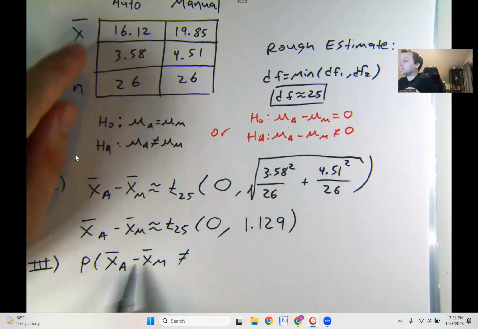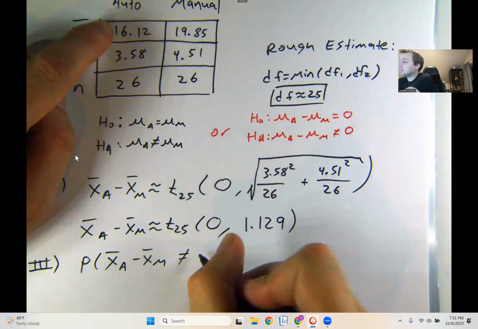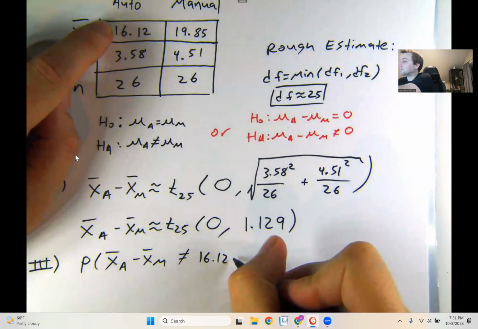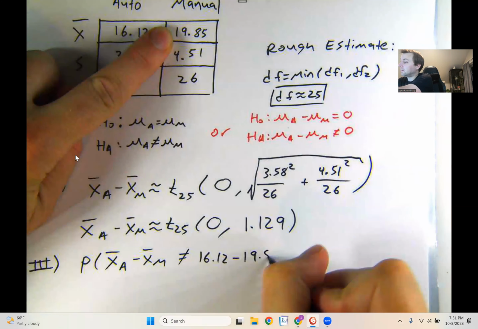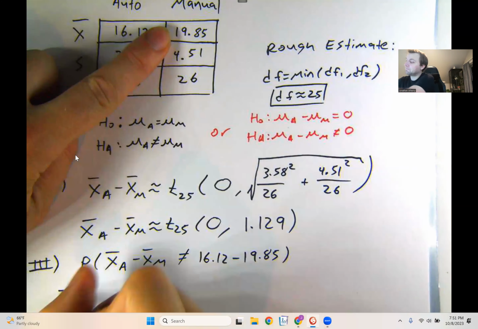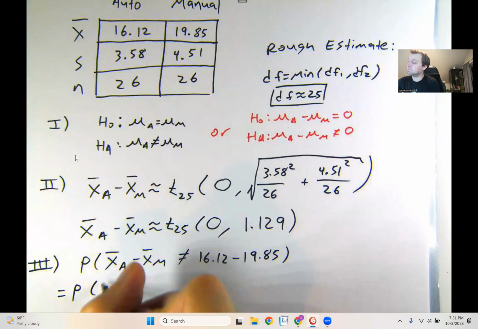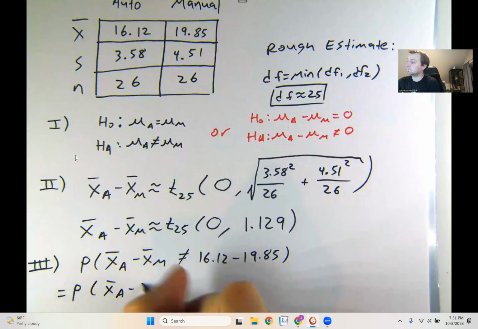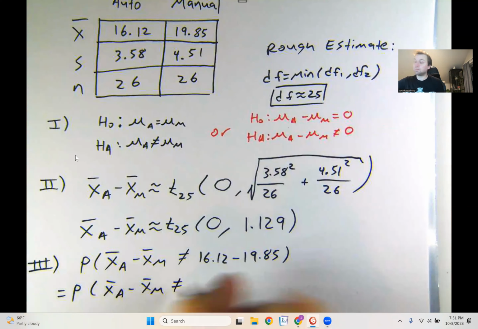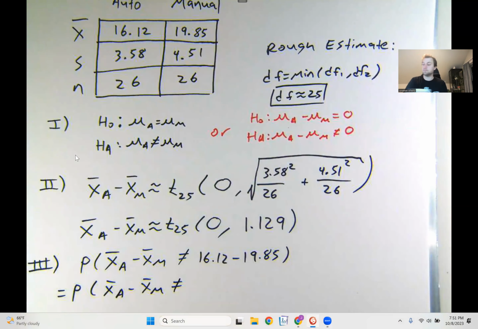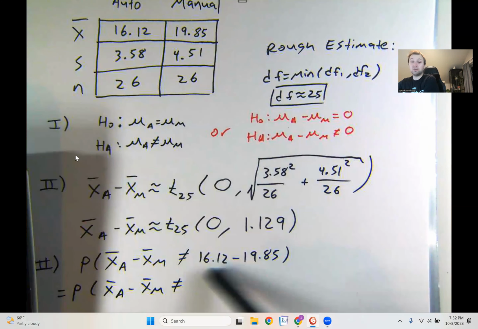My auto difference, 16.12 minus the manual, 19.85. I'm going to type that into a calculator and see what I get. But then this will give me my value.